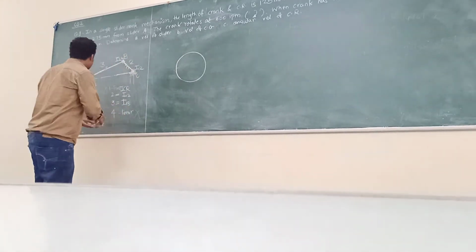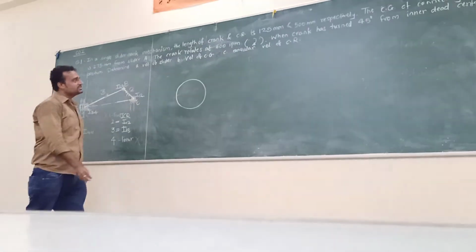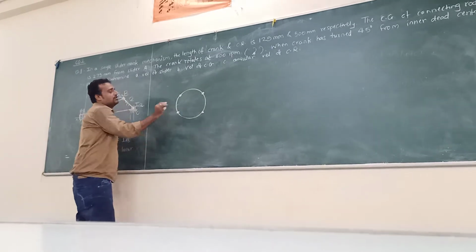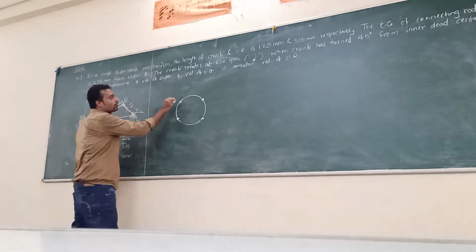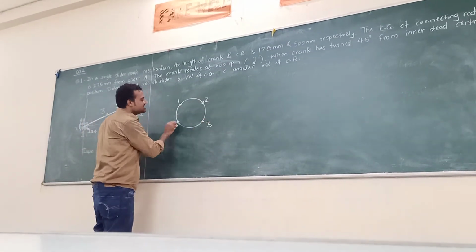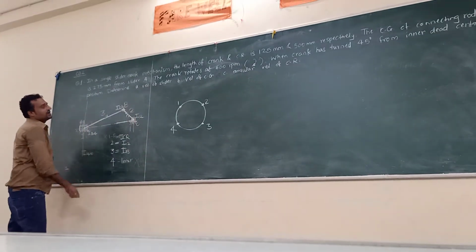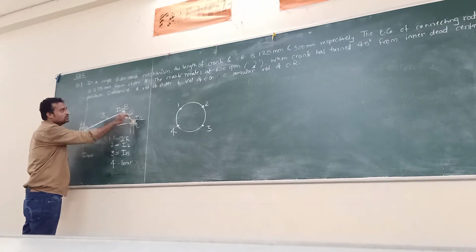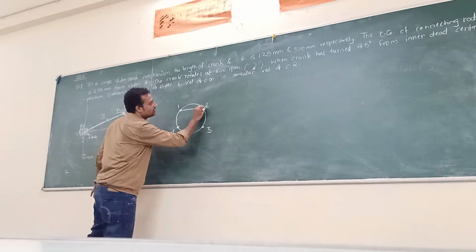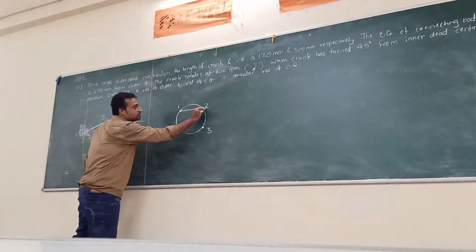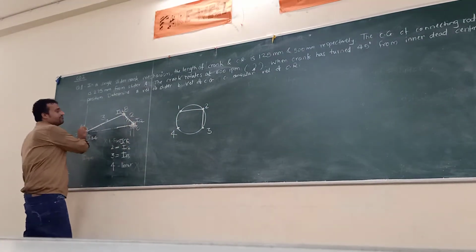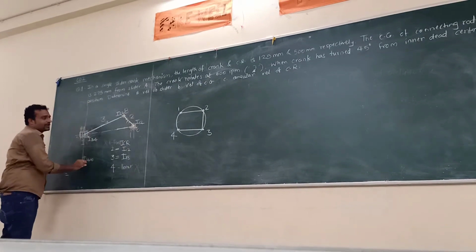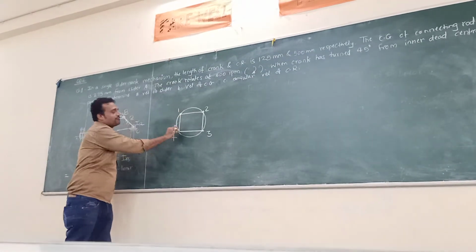This is a 4-link mechanism, there are 4 links, so I'll mark 4 points on this circle, and then whichever ICRs I have, I will join those points. I have I12, so I will join 1, 2. Similarly, I have 2, 3, I will join 2, 3. Then I have 3, 4, so I will join 3, 4. And then I have this I14 at infinity, so I will join 1, 4.